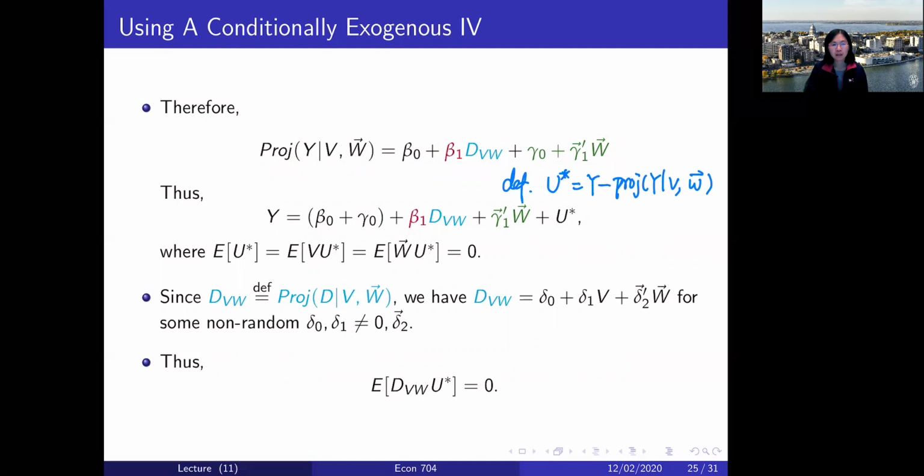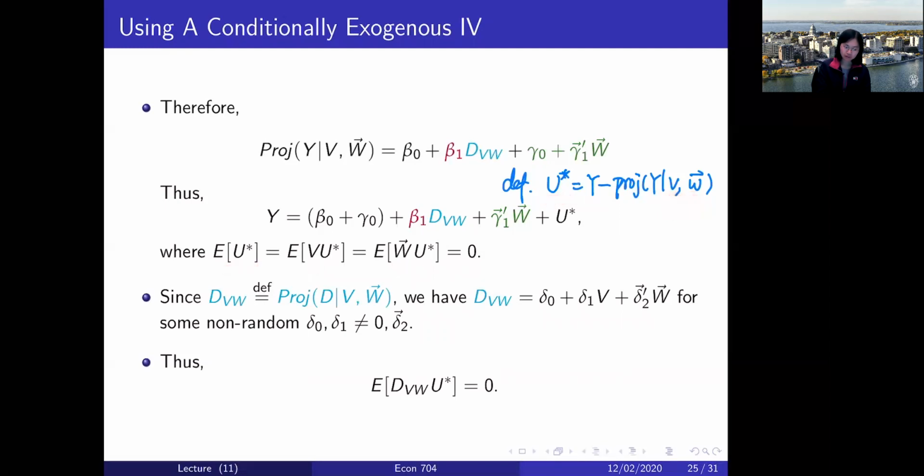Now, that becomes interesting because by definition of projection error, the projection error should be orthogonal to the conditioning variables. So it is orthogonal to v and orthogonal to w and has mean 0.